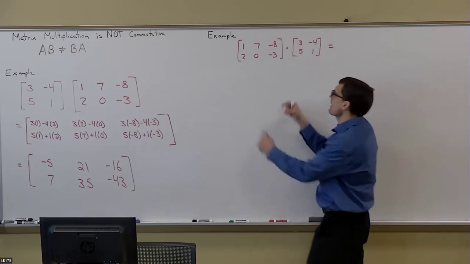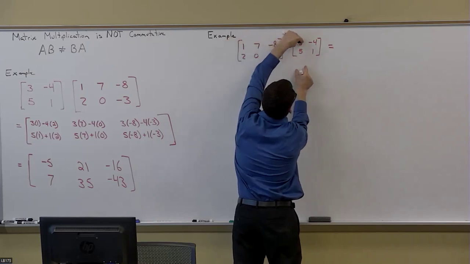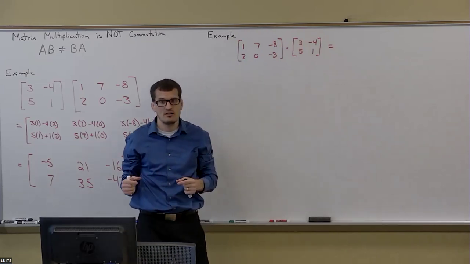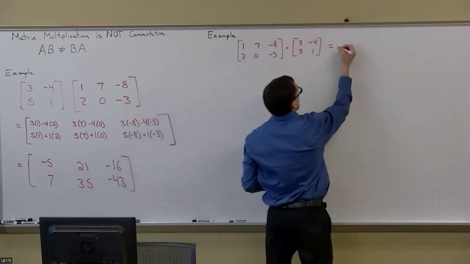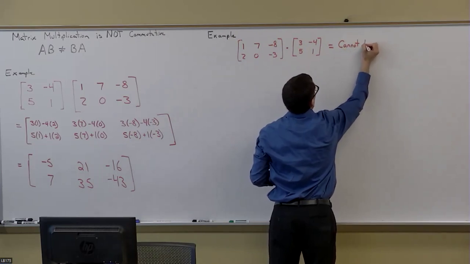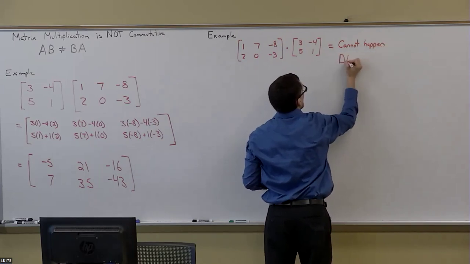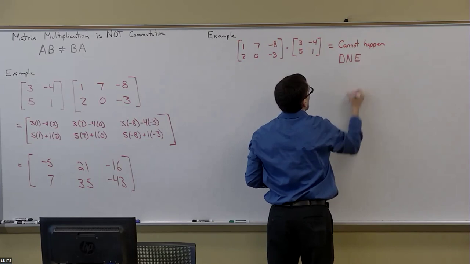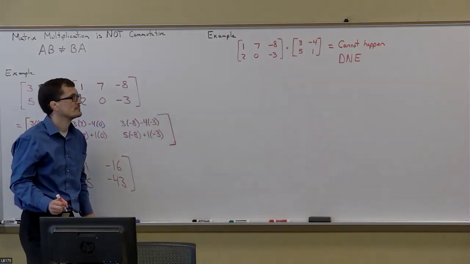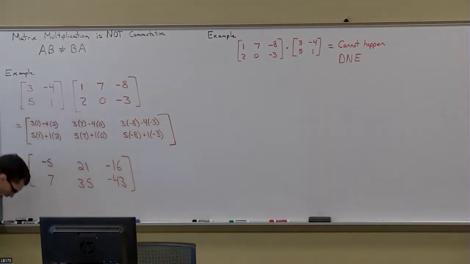Because when I grab my row and turn it vertical, it doesn't match up. The dimensions don't match up, and so this cannot happen. Or what I'll probably have you do is just write, this does not exist, D and E, because the dimensions don't align nicely.